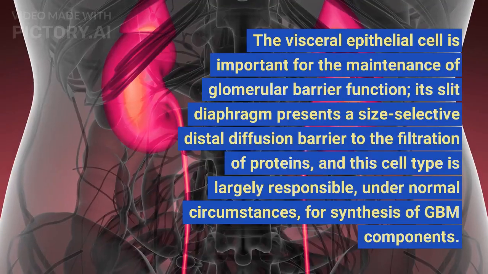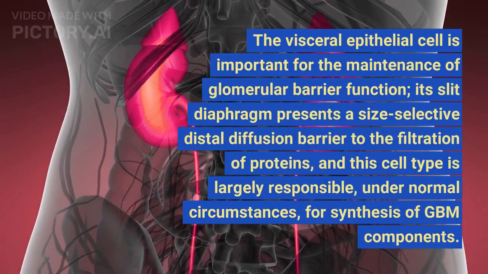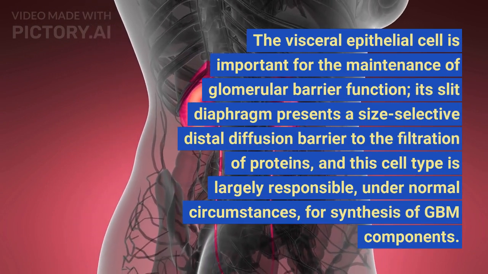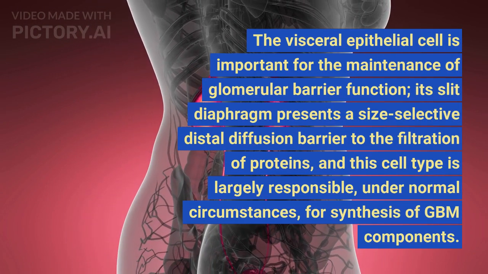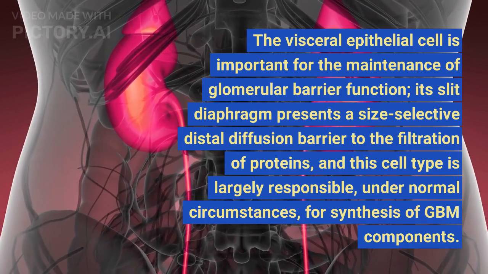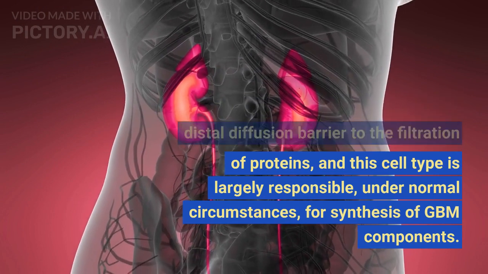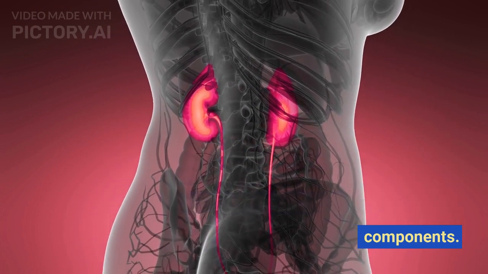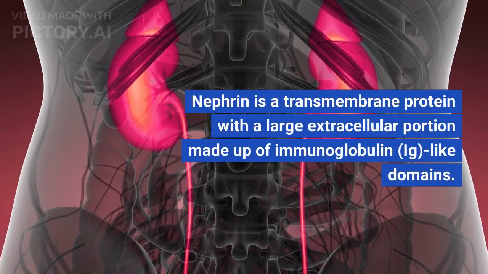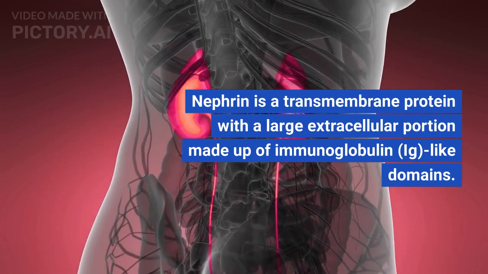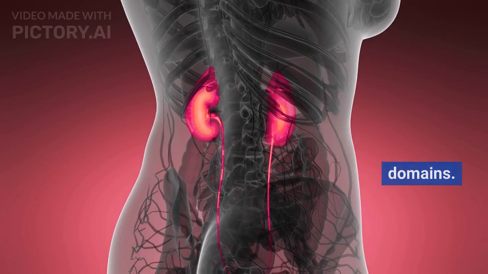The visceral epithelial cell is important for the maintenance of glomerular barrier function. Its slit diaphragm presents a size-selective distal diffusion barrier to the filtration of proteins, and this cell type is largely responsible, under normal circumstances, for synthesis of GBM components. Nephrin is a transmembrane protein with a large extracellular portion made up of immunoglobulin, Ig-like domains.